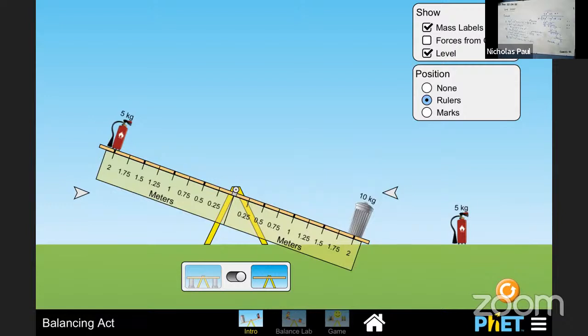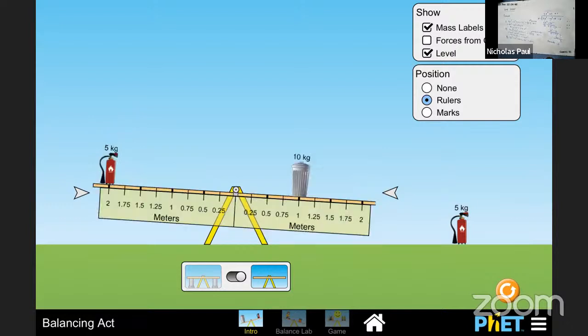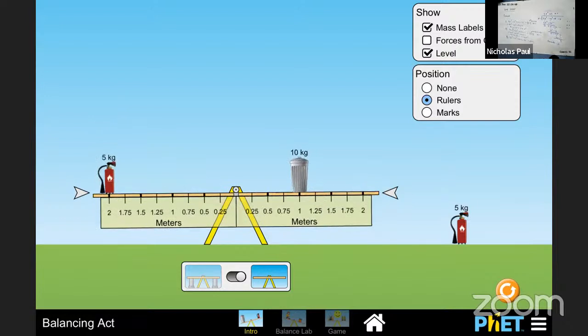Right? But work it out. Show me in working. Some of you will figure it out already. Where does it have to go? At the 1-meter mark, right? So at the 1-meter mark, clockwise will be equal to anti-clockwise. That's okay.